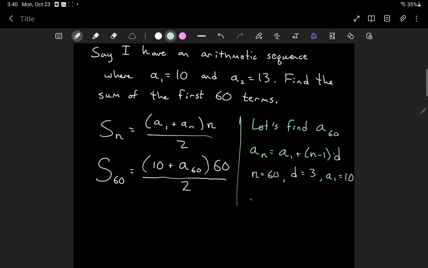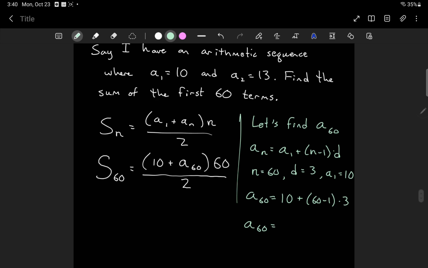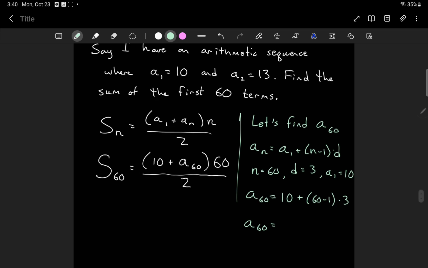So put all that information together, we get that a sub 60 is equal to 10 plus 60 minus 1 times 3. So we get that a sub 60 is equal to 59 times 3 plus 10, which is 187. So that allows us to fill in this missing piece of information here.